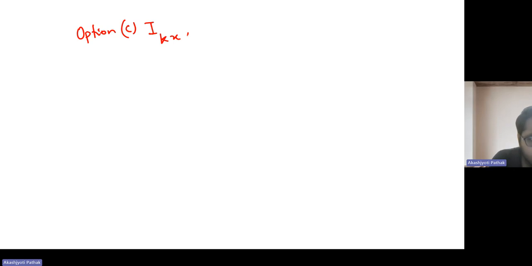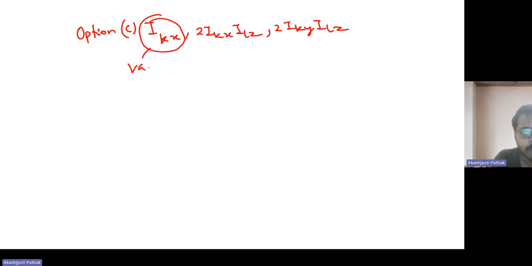So this IKX is a valid angular momentum operator.